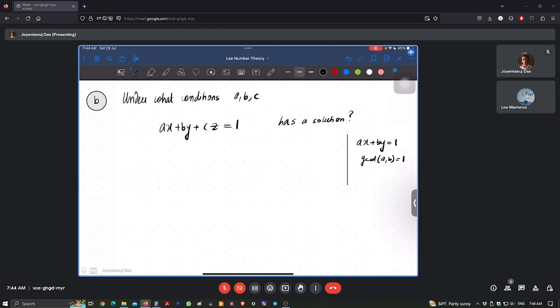A solution means a solution in integers. We want integer solutions. The question is the condition on a, b, and c such that they have integer solutions.